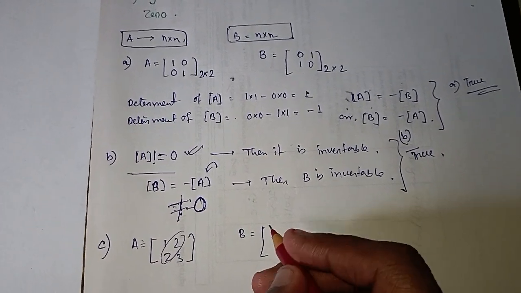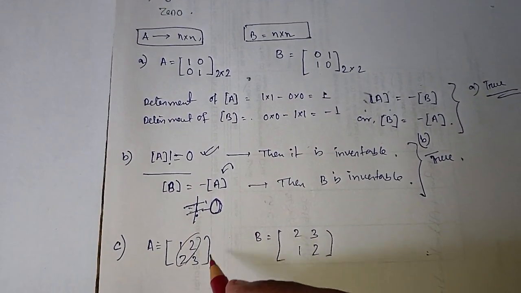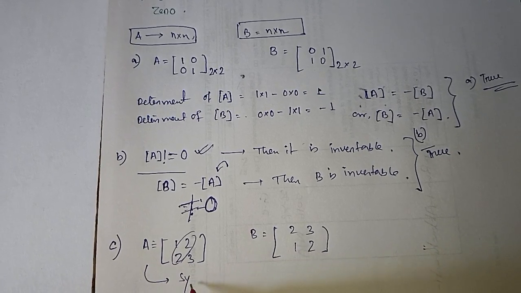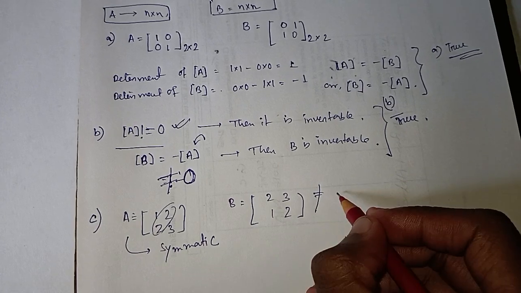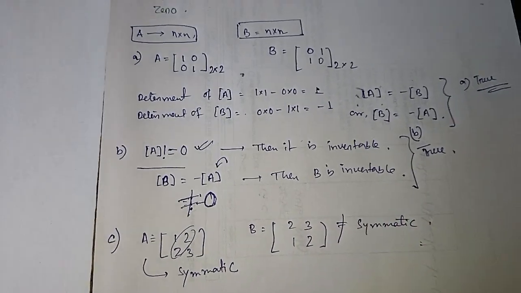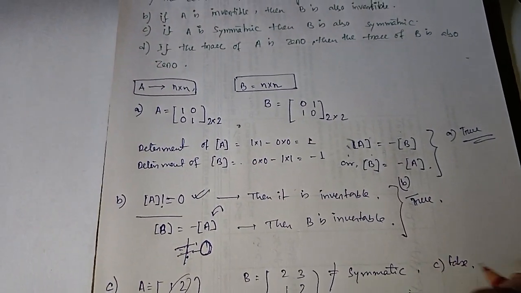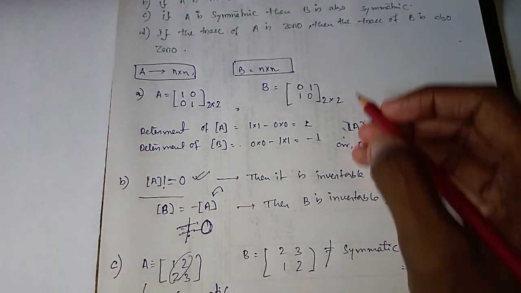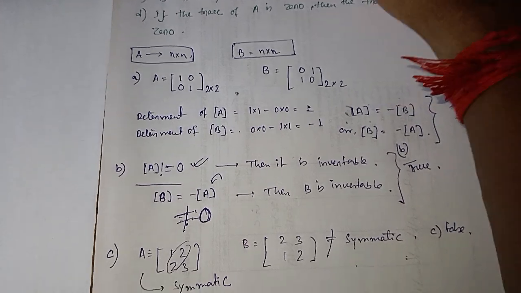Swapping the two rows, we get B as [2 3; 1 2]. A is symmetric, but B is not a symmetric matrix. So option C is false, because if A is symmetric, it is not necessary that B is symmetric.